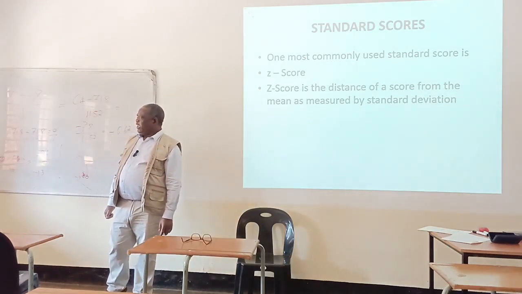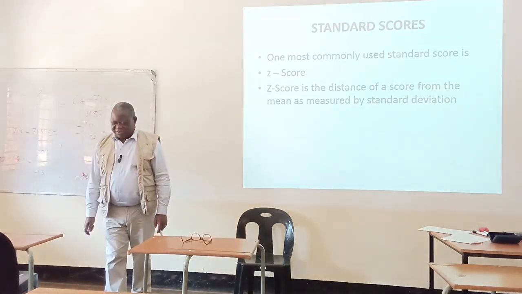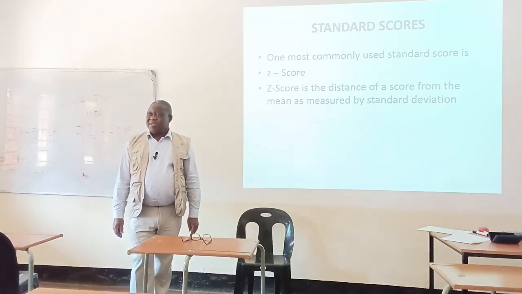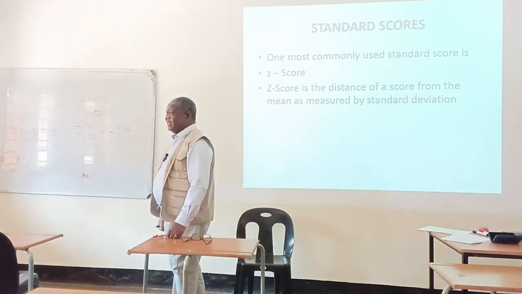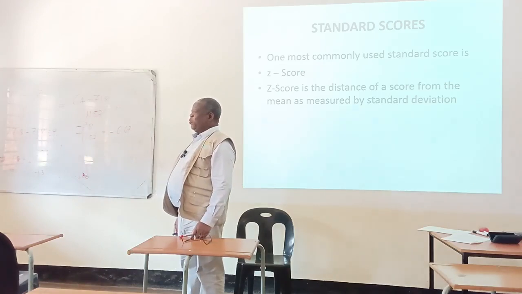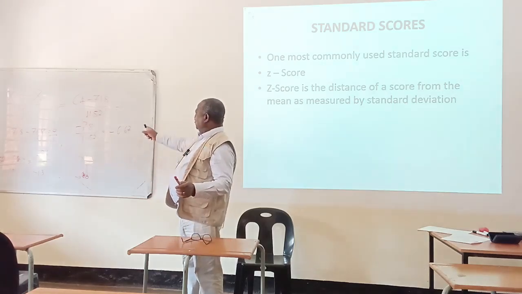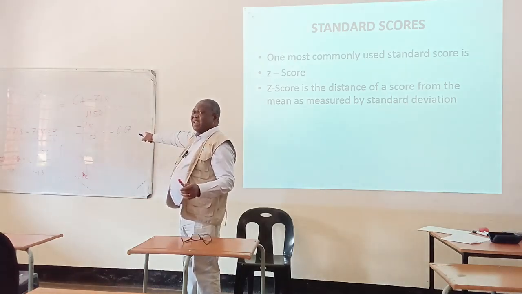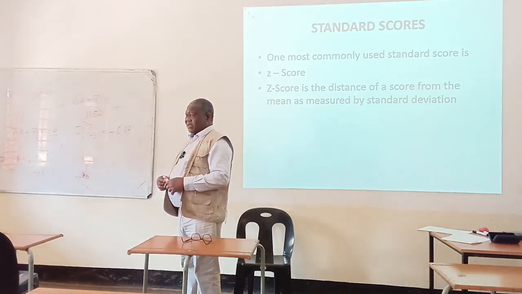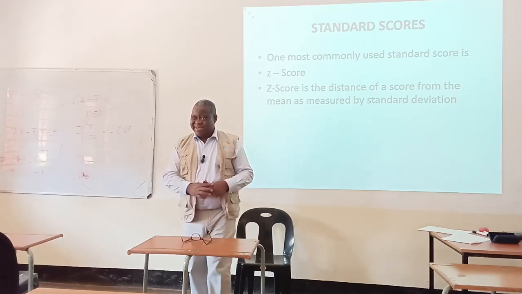You will hear about correlation procedures, where you correlate one variable with another variable. But for you to do correlation, you actually use the standard scores. Is this making sense?